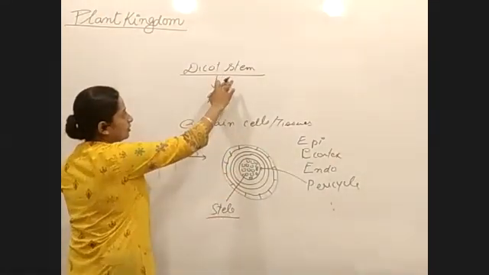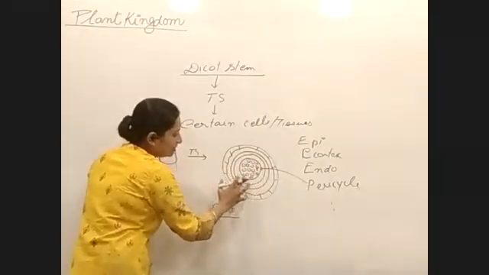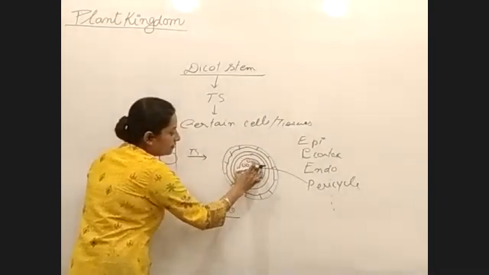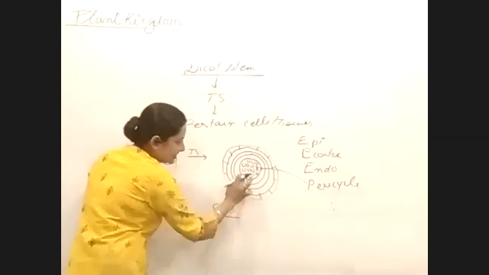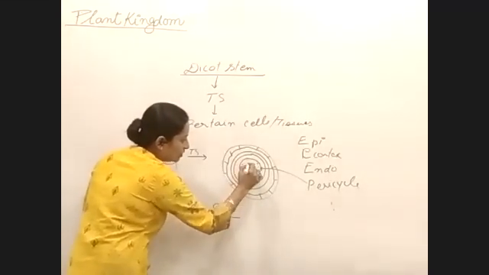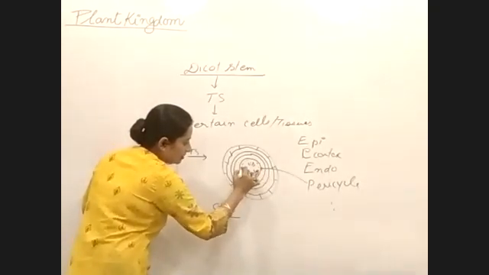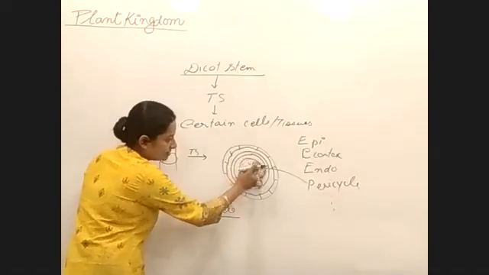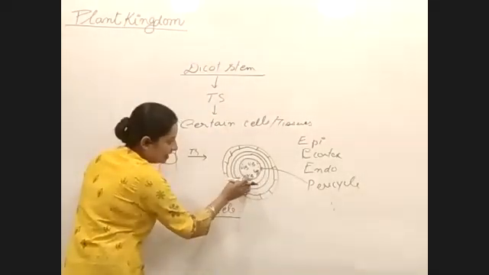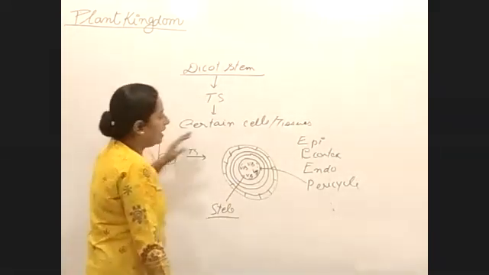When we are talking about a dicot stem, we say the stele is the whole central mass of vascular tissues. So in this stelar region, the vascular bundles will be present. This is the area within the tissues where we will see vascular bundles.